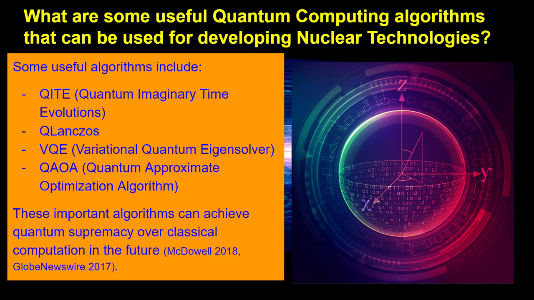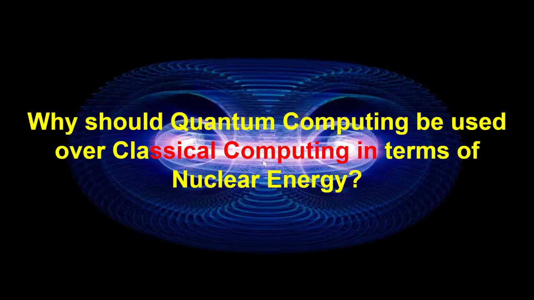Most of these algorithms can help with simulating the reaction. Some can also solve optimization problems, like QAOA and Quantum Lanczos. Why should quantum computing be used over classical computing in terms of nuclear energy?